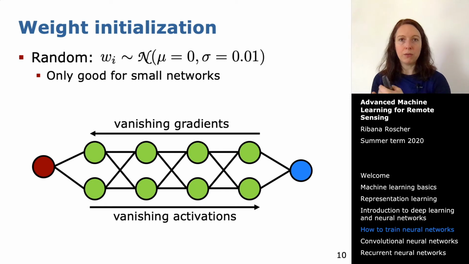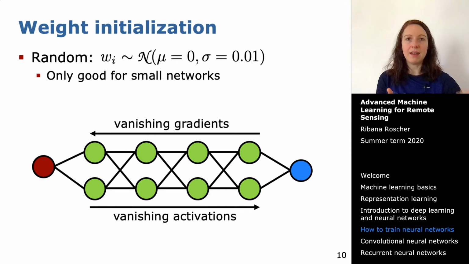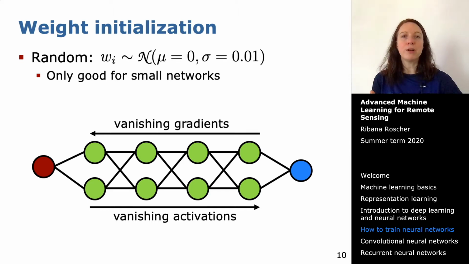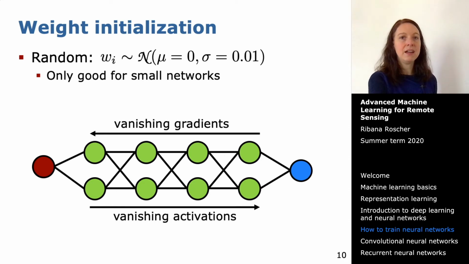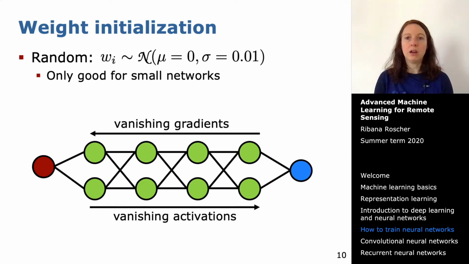Imagine you start with small weights, smaller than 1, and then you multiply them with values smaller than 1 again, and again, and again. It gets smaller and smaller. In deep layers, you end up with gradients close to 0, so nothing happens anymore, and the later, deeper layers will not help you for your task.